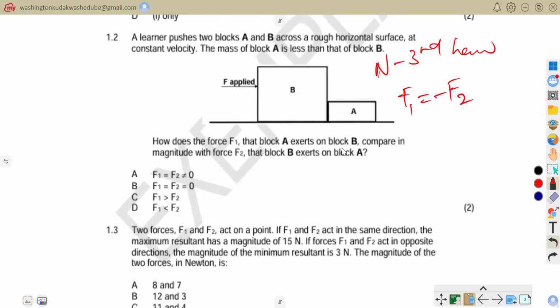Now they're saying, how will the magnitudes compare? The magnitude of F1 will simply be equal to the magnitude of F2. But these two are not supposed to be equal to 0. So the two magnitudes will be equal, but they are not equal to 0. So our correct answer there was going to be A.